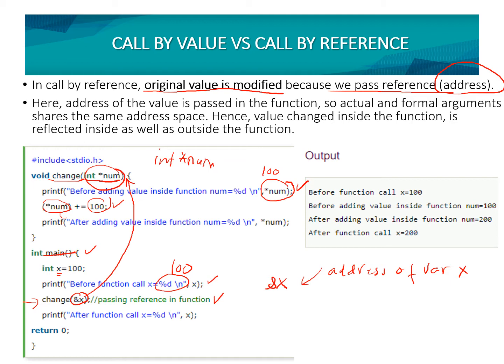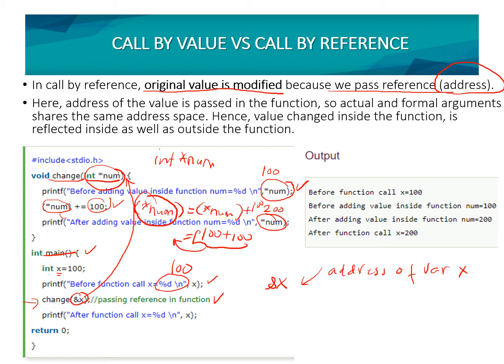After adding a value inside the function, it will be 200. So star num equals star num plus 100, which is 100 plus 100, and 200 will be stored into this address.